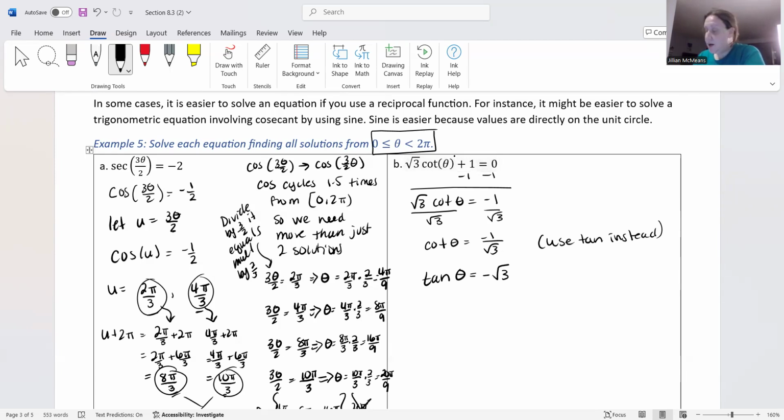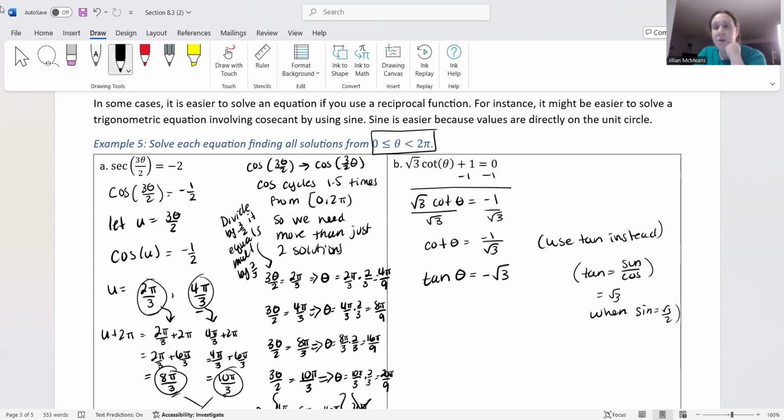Okay, and we already know that tangent equals sine over cosine, and we can get the root 3 when sine is root 3 over 2. So just keep that in mind. That's our little trick there.